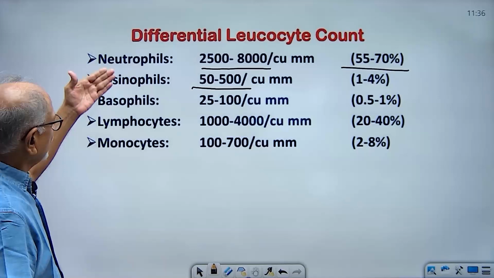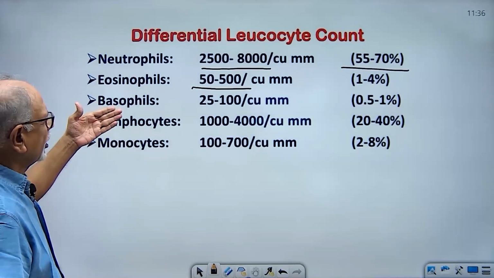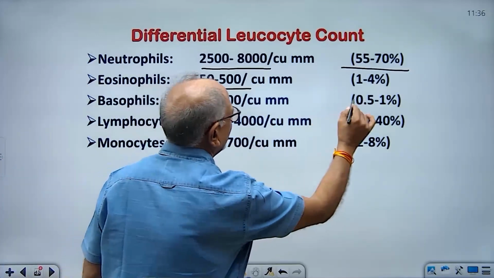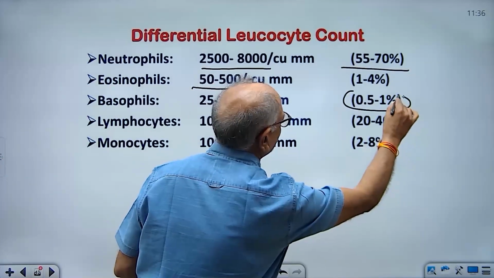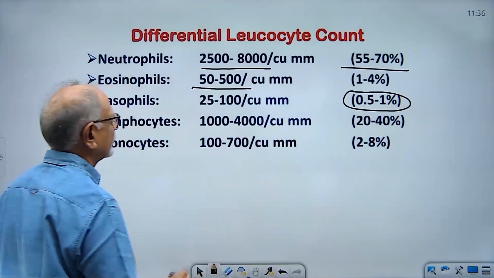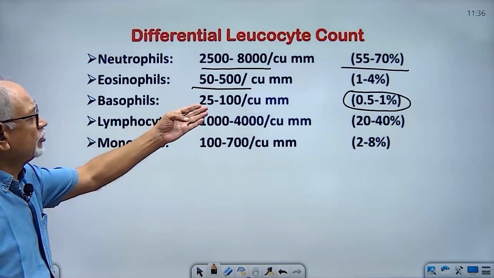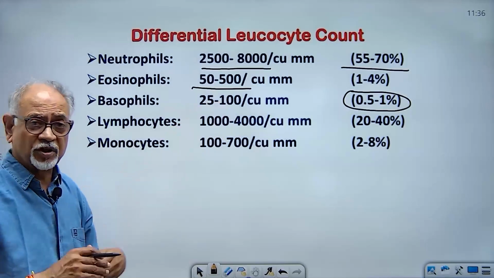Then among these granular leukocytes, basophil count is the minimum, that is only 0.5% to 1%, and their count in the blood ranges from 25 to 100 per cubic millimeter of blood.